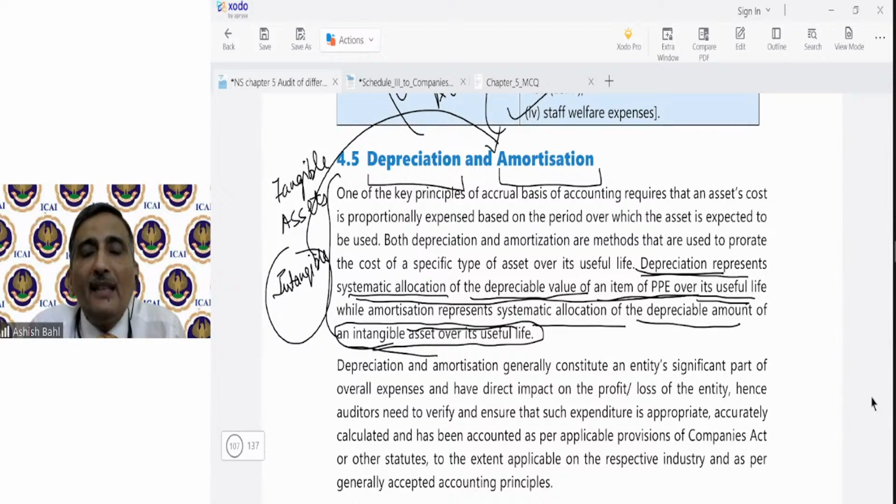Depreciation is arrived at keeping in mind the useful life of the assets. So where is this useful life given in respect of PPE items?